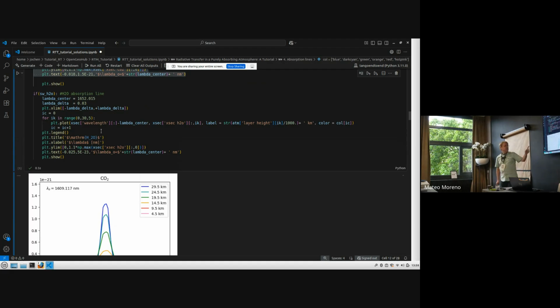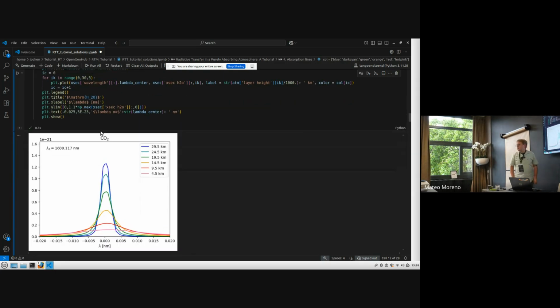Who already could manage to plot a figure like here? I mean, the format I don't care about, but did you manage? Are you close? How's it going here? I selected the wavelength, but you didn't want to select the wavelength specifically. I only managed via the plotting settings that I look at one line.